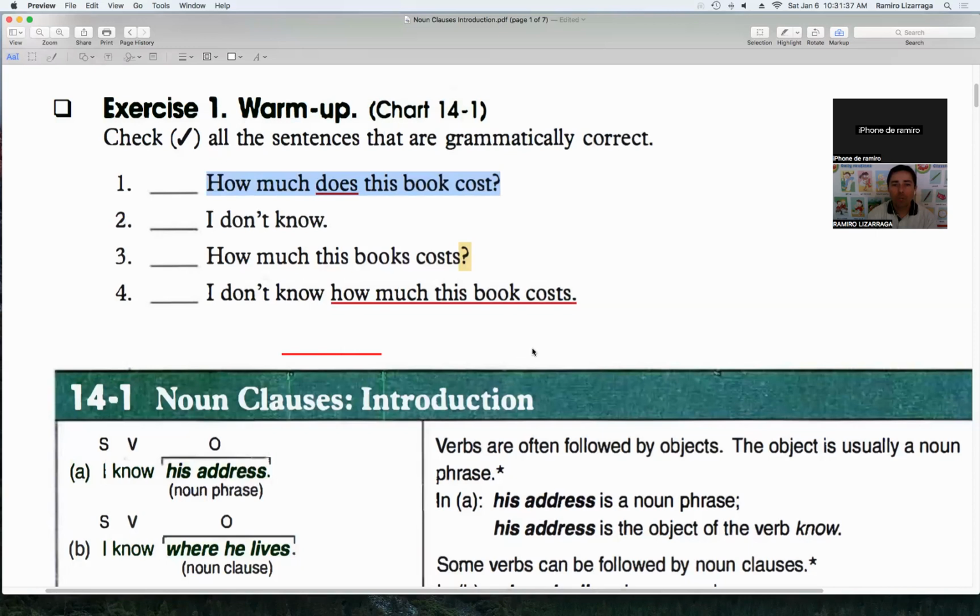So pretty much, I'm going to tell you this: in the noun clause, you're not using the auxiliary. Does is not used here. It's just like I said, it's just a warm-up, okay?